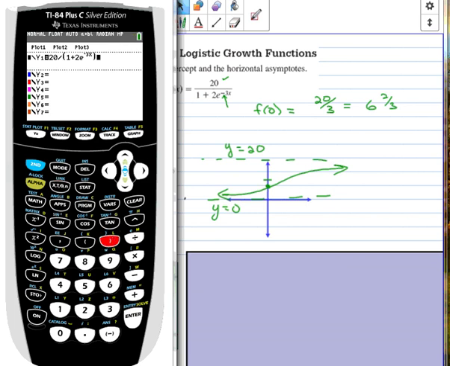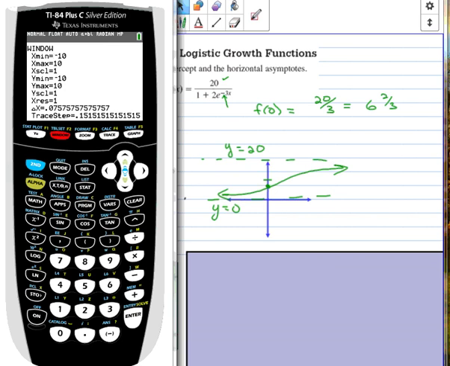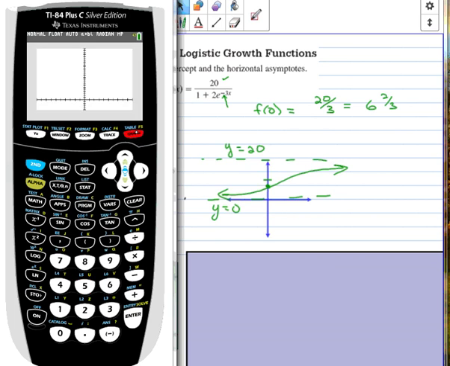I'm going to zoom standard. That's not going to quite do it for me. I'm not going to zoom standard. Let's hit window once you get that thing entered. My X's, I think, are okay, negative 10 to 10. But my Y's, I'm going to go from negative 5 up to 25 because I know 20 is that top. Why do you put your y minimum below 0? I like to see my x-axis. Look at that.